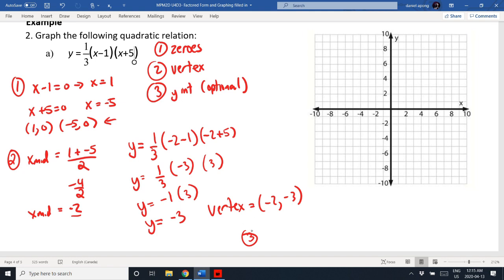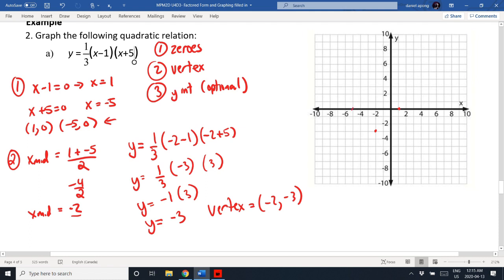Actually, we won't find the y-intercept for this one. We'll just graph it using these points. So we have our vertex, which is (-2, -3). Right over here, that's our vertex. We have our x-intercept at (1, 0), and the other one at (-5, 0).